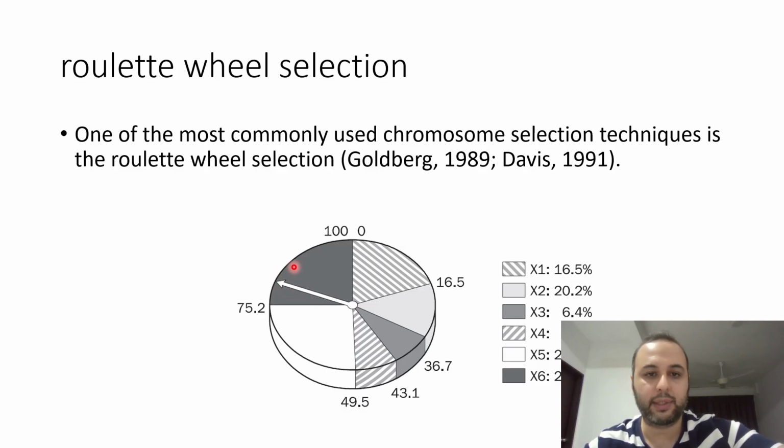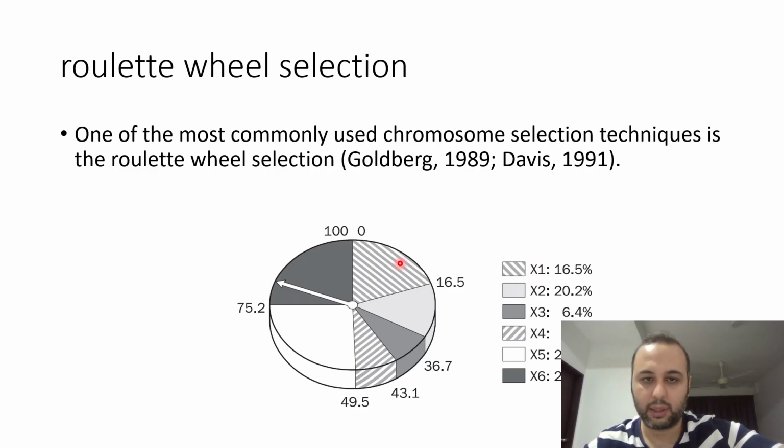It's like a game that you play, right? Where it stops, the corresponding chromosome will be selected. For example, if it is pointing on the gray area, gray area is X6. So in this case, X6 is selected.